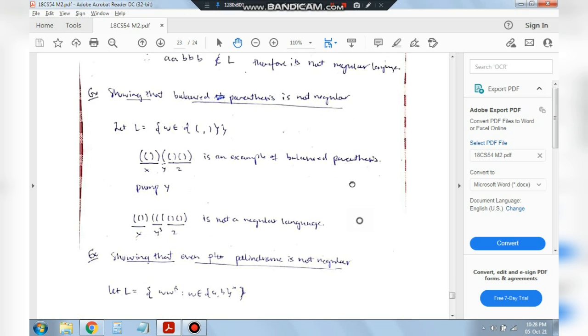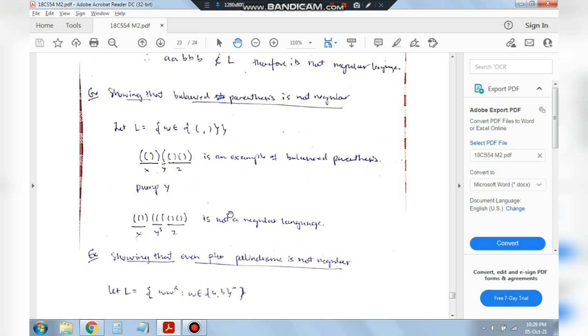The same thing is applicable here also, showing that balanced parentheses is not regular. It's simple. Just take y as an opening brace or closing brace, and then repeat it n number of times. If I repeat it n number of times, then the count will differ, meaning the opening braces are more and closing braces are fewer, so it does not belong to this language.